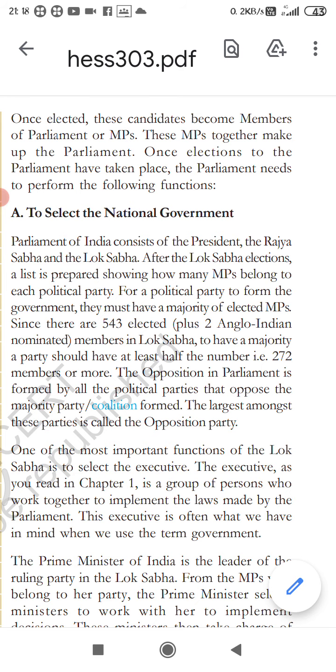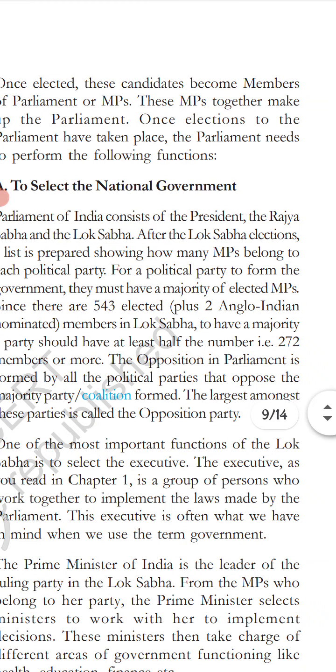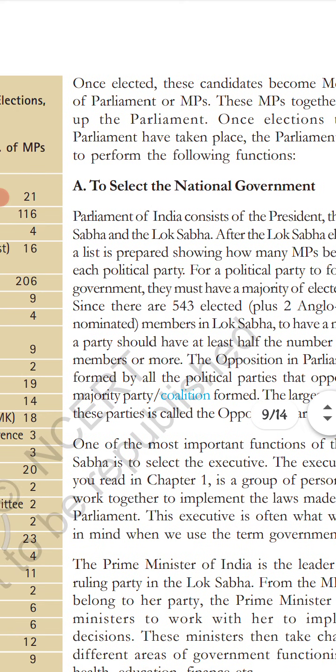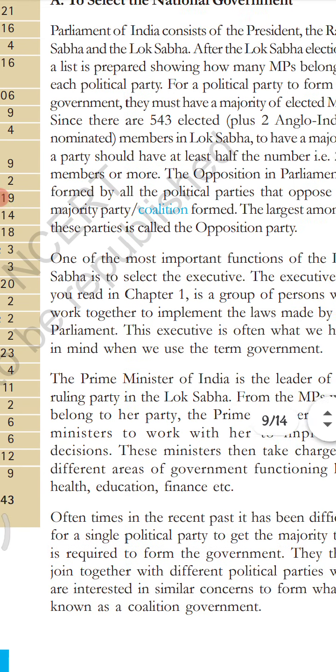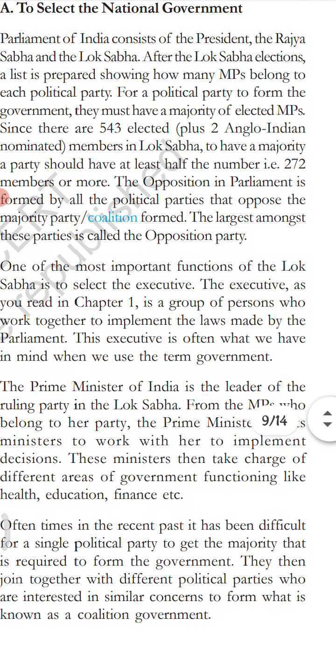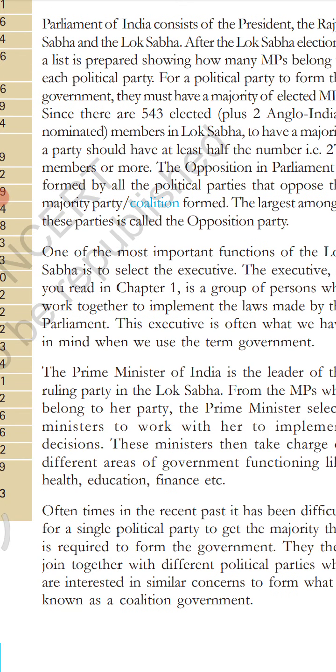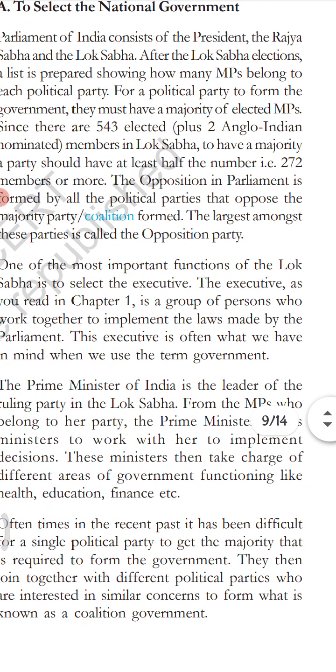So here we are to discuss this number also. You can write Lok Sabha total number of members 545, 543 elected and 2 nominated from Anglo-Indian community by the Prime Minister of India. Then who is elected as the Prime Minister?